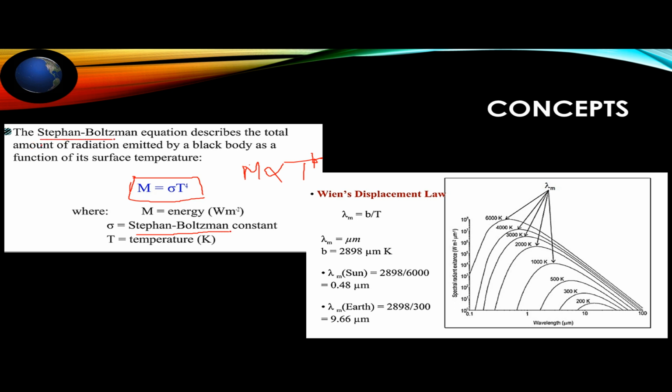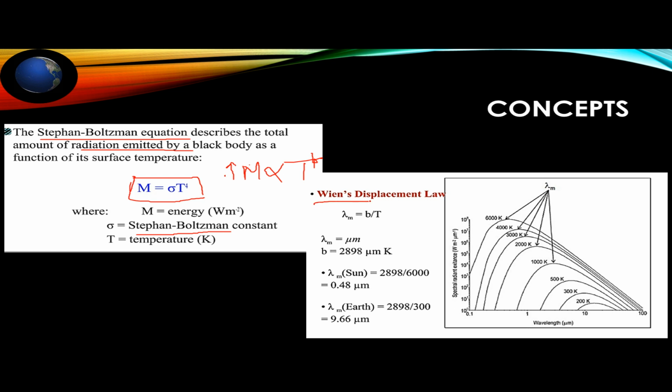As per the Stefan-Boltzmann equation, the total radiation emitted by the object is directly proportional to the surface temperature. It means when temperature increases, the energy radiation also increases.